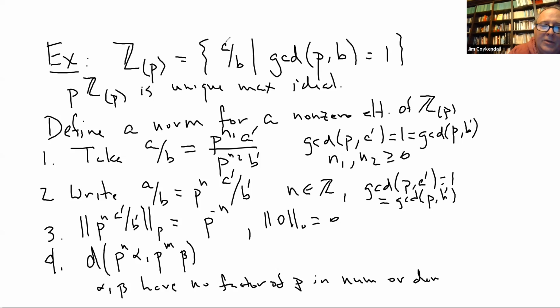Or synonymously, alpha and beta are in the units of Z localized at P. I'm tired of writing fractions, so I'm just going to be lazy and do this.